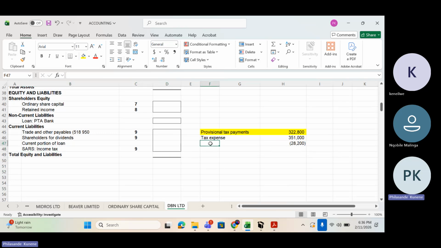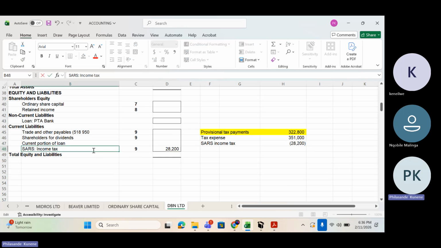We know that SARS income tax is part of what? SARS income tax is part of trade and other payables. If it's a liability, it's part of note number 9, but sometimes they will want to put it separately here, as you can see, which means you're going to show the 28,200 here as part of your trade and other payables.